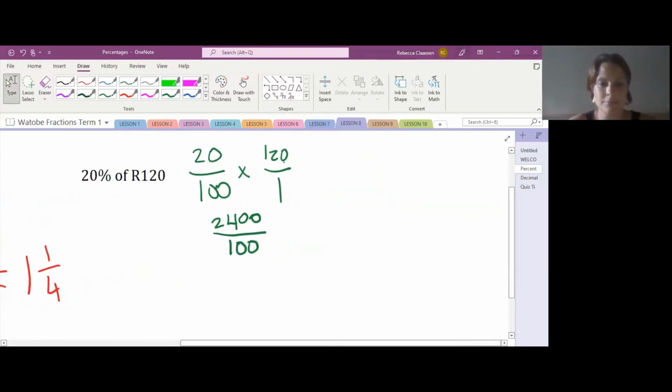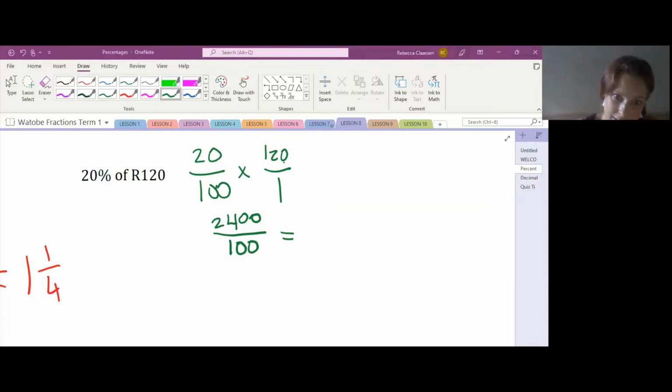You divide. So do you want to use a calculator or can you do it in your head? I think I remember. I think there's the zero, and then the 24 there.